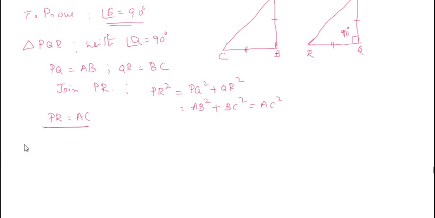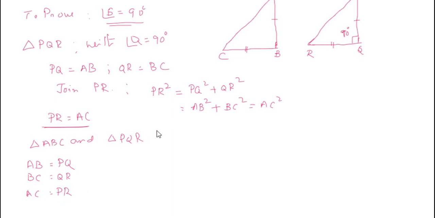Now from triangle ABC and triangle PQR, what we have is AB equal to PQ, BC equal to QR and AC equal to PR in these two triangles.